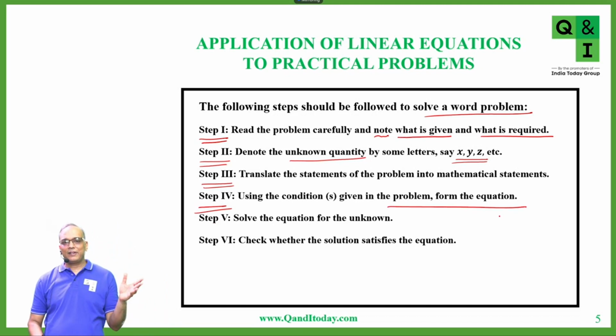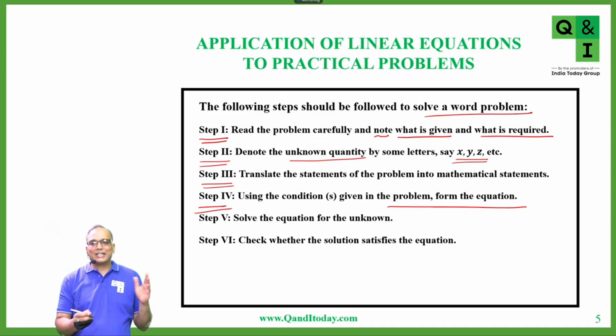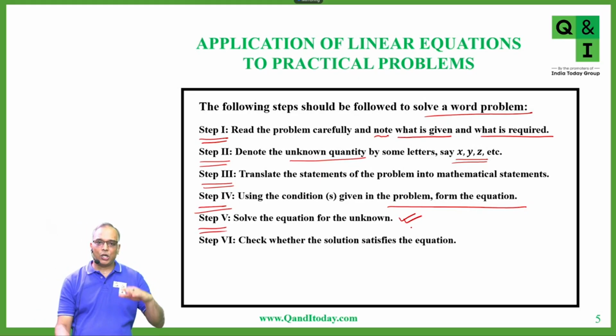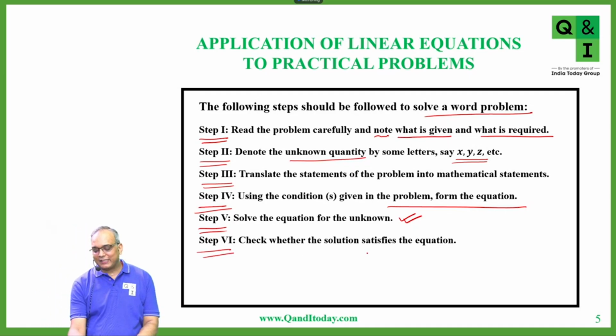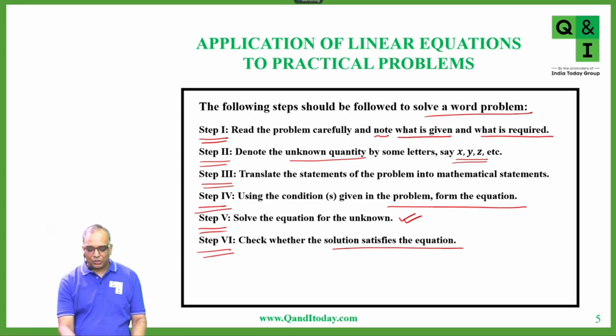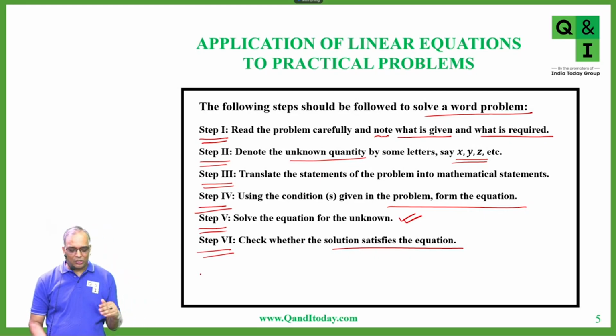Once you have converted it into a mathematical statement, you will have to use the condition given in the question to form the equation, and then we will solve the equation for the unknown, which we have been doing till now in previous classes. And step 5 is to check whether the solution satisfies the equation or not, right? Step 6 is not mandatory, you can do it just to check whether your answer is correct or not.